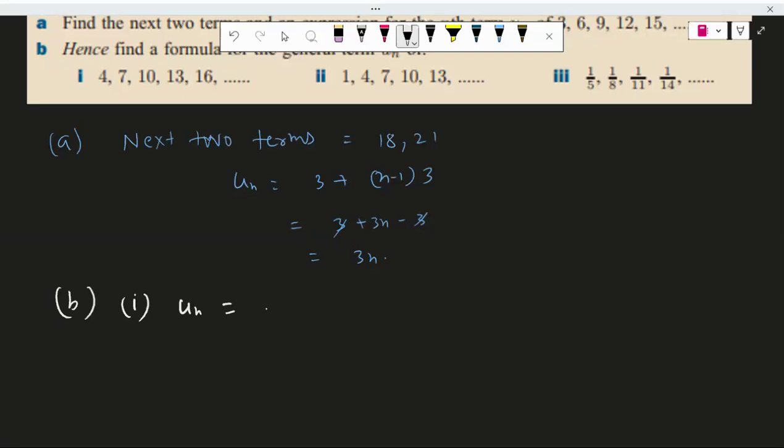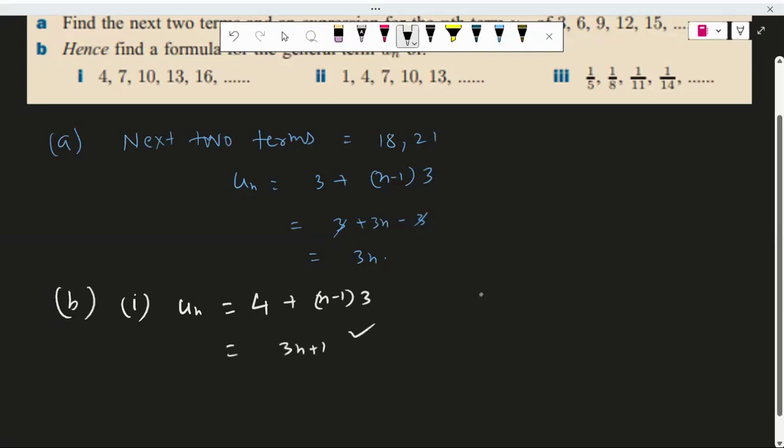Yes, it's 4 plus brackets n minus 1 times 3. Yes, it is. So this will be 3n plus 1, obviously.